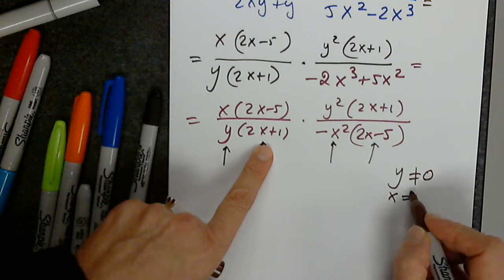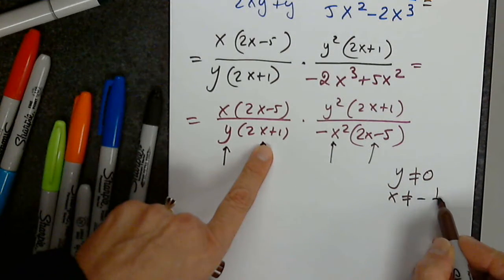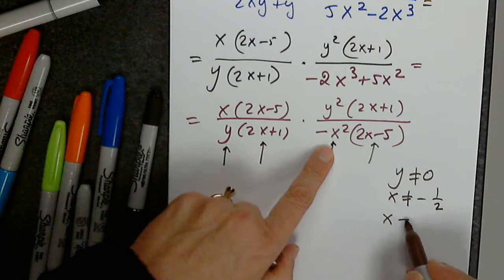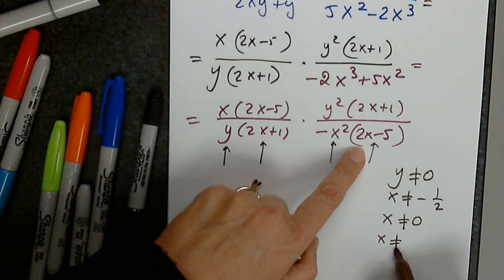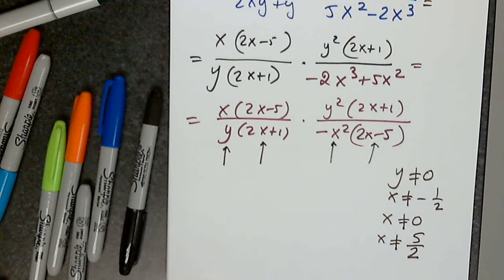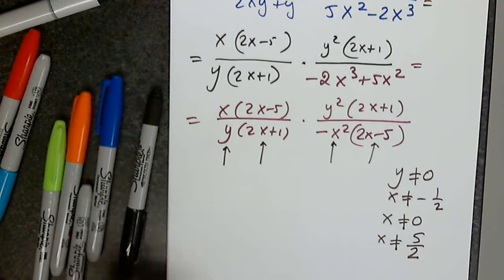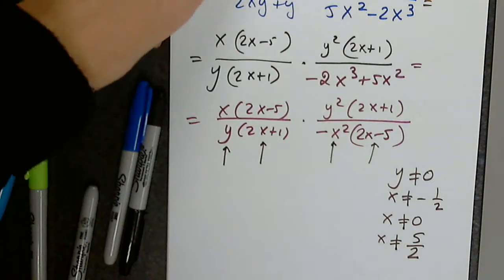For this, you will say x not equal. Negative half. For this, you will say x not equal. And for this, you will say x not equal. Right. This comes from factoring, because I'm just really solving equations. That's what I'm doing there. Good. Now I'm free to simplify. What will I simplify?